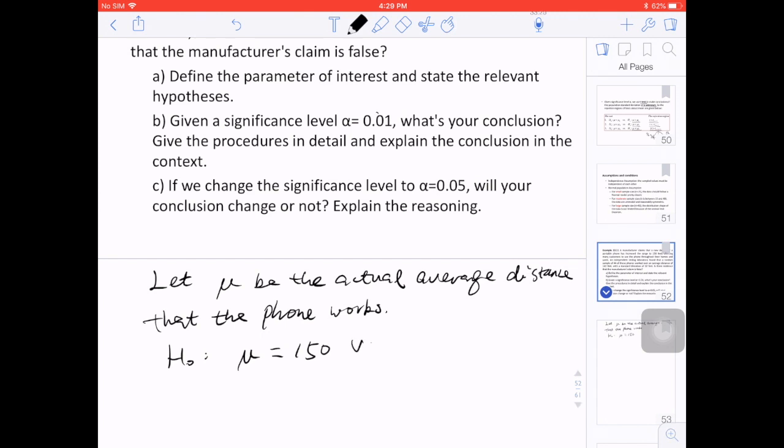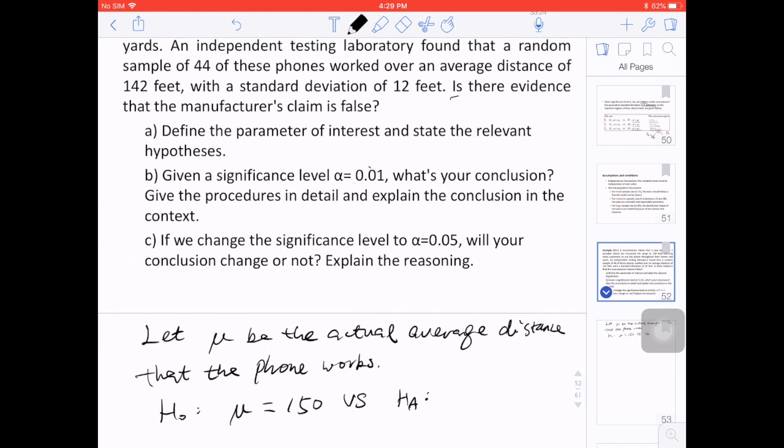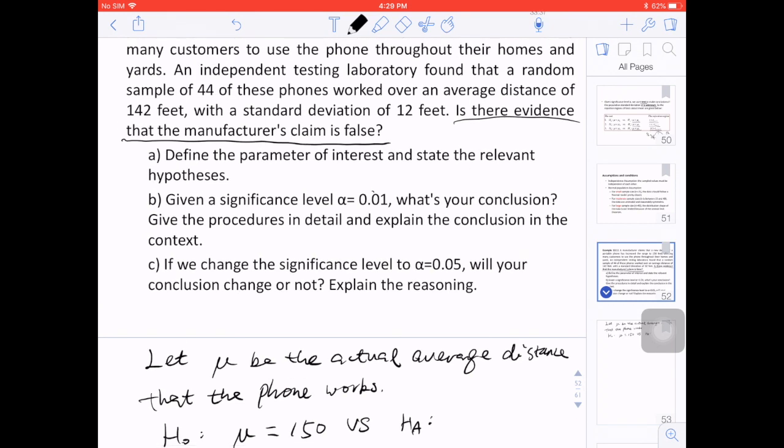Okay, so what about the alternative hypothesis? The question is, is there evidence that the manufacturer's claim is false? So some people would say my alternative hypothesis is mu is not equal to 150. Well, it sounds reasonable.